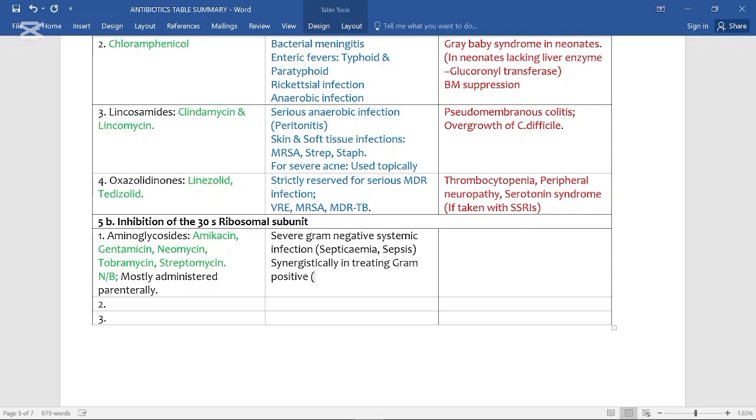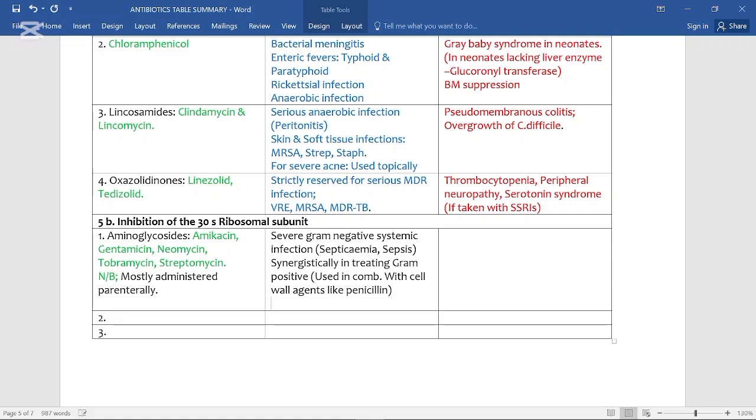And we always use them in combination with cell wall agents like penicillins. That's why, for those who have worked in a pediatric ward, you see expen and genta. You see a client being given expen and gentamicin. So these drugs are very good when used synergistically, especially in dealing with gram-positive bacteria.